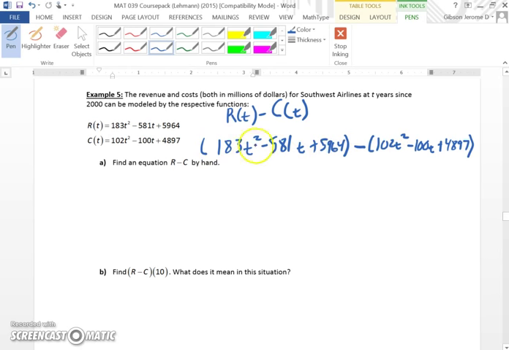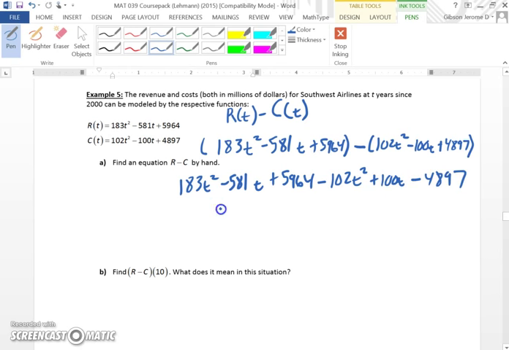So with this first value, we would drop the parenthesis. We have 183t squared minus 581t plus 5,964. Now, because this minus sign is in front of this parenthesis, we change the sign of everything inside this parenthesis. So we have a negative 102t squared plus 100t minus 4,897.